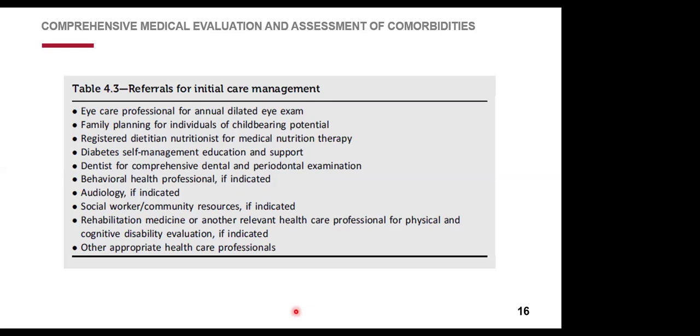And then we also emphasize self-management for these patients. Behavioral health professionals should also be consulted in some patients. So in other words, we need to routinely screen, especially for depression among these patients and other mental health issues as well, and the rest also.